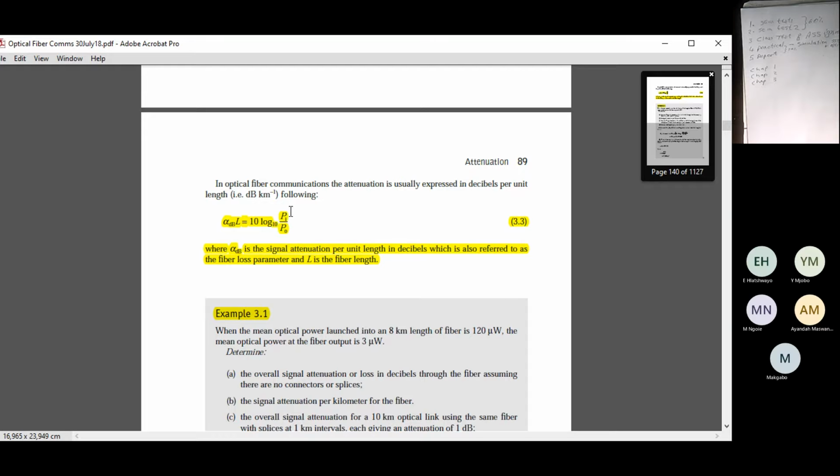So that ratio, P in over P out. I take the log value times 10 and never times 20. I always multiply by 10. For optical power, even if it's voltages, we also use log 10. Alright, so the dB attenuation, alpha dB, is the signal attenuation per unit length. So in this case, per kilometer.